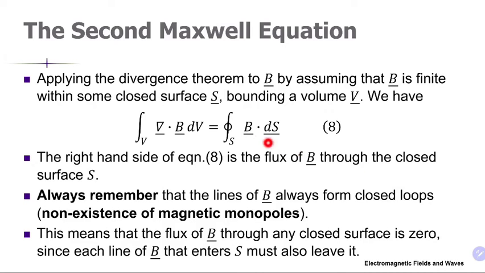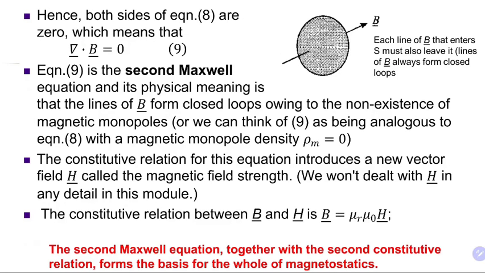So this means that this part of the equation will be equal to 0. So the closed surface integral of the magnetic flux is always equal to 0, and therefore we end up with the divergence of the magnetic flux density being equal to 0. And this is the second Maxwell equation.